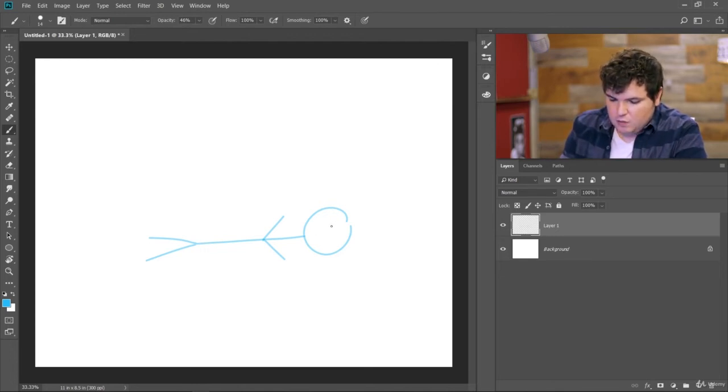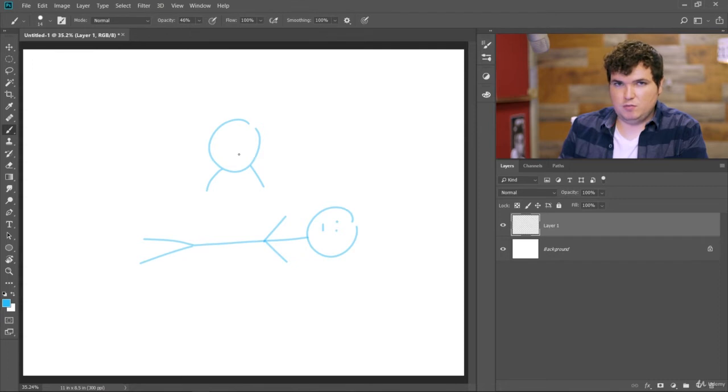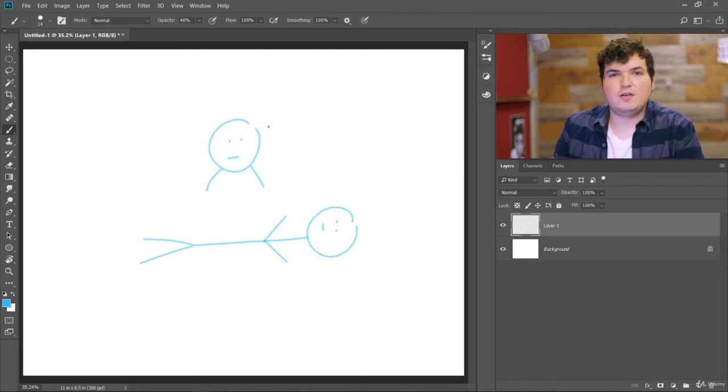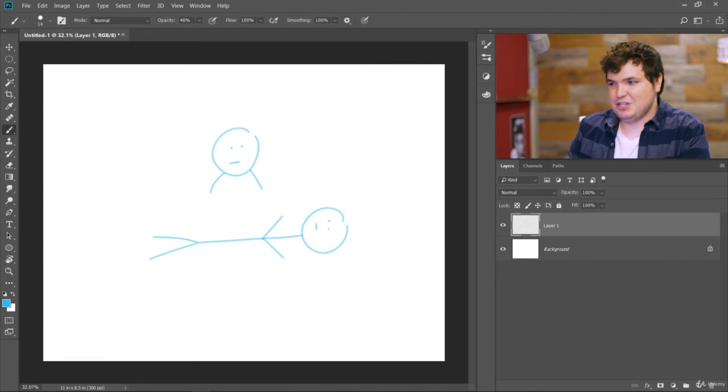And he'll be here. And then there will be a second figure coming towards him with their arms out to rescue them. And for this picture, we're going to be using my friend Andrew for our model, and he's going to be both figures in the image.